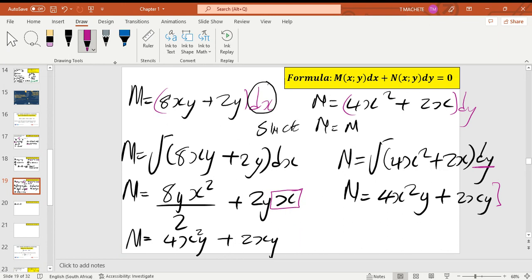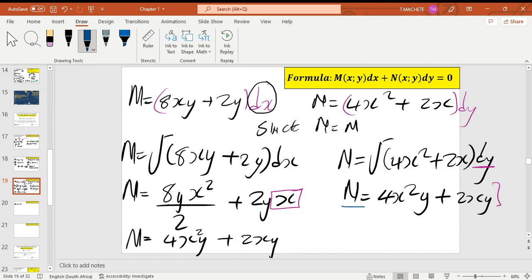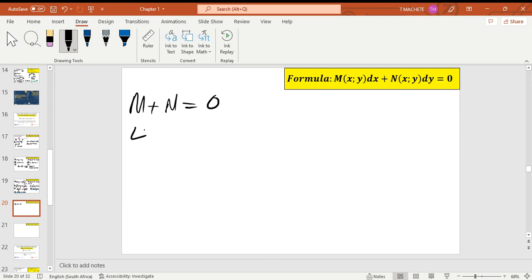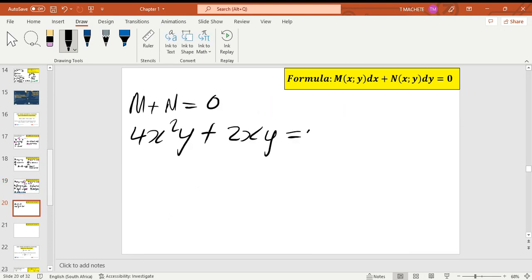You compare the two functions, compare the m and n values that you found. If they are equal, you just write it once. You're gonna say 4x squared y plus 2xy is equal to 0. Then that's your final answer there.